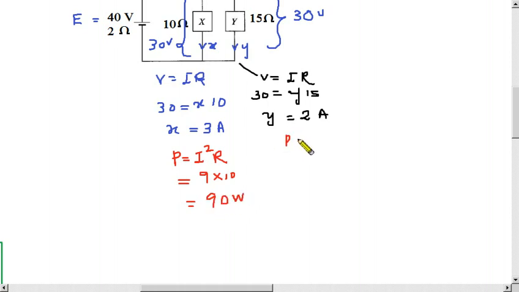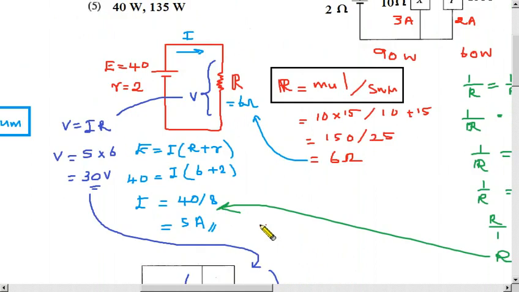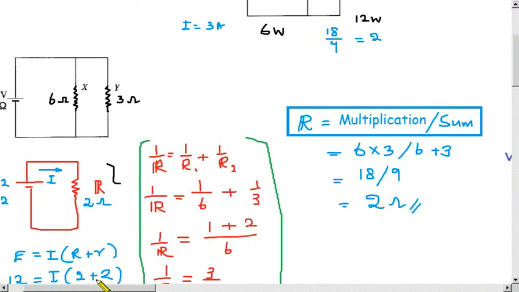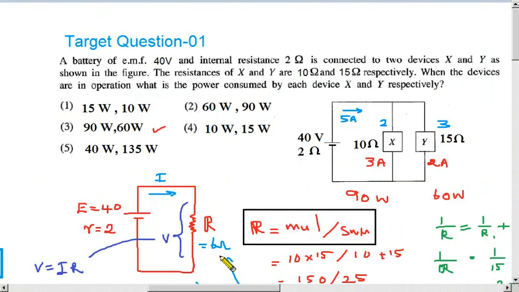Here power is 2 squared times 15. 2 squared is 4, 4 times 15 is 60. That is the answer, 90 and 60.